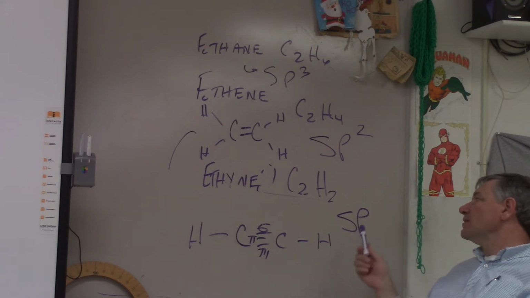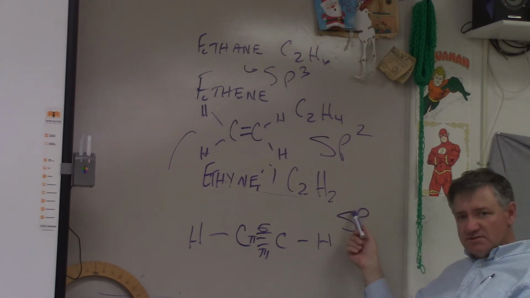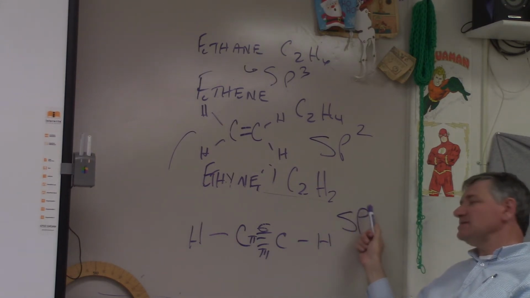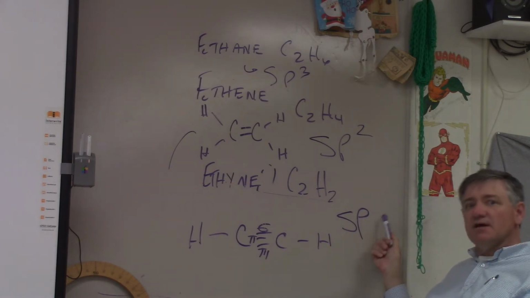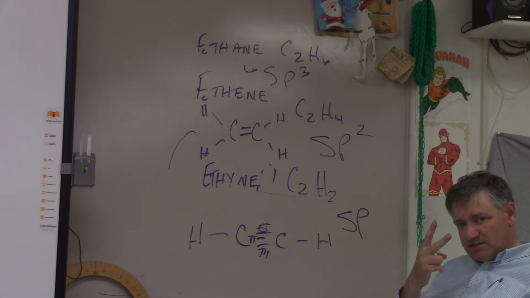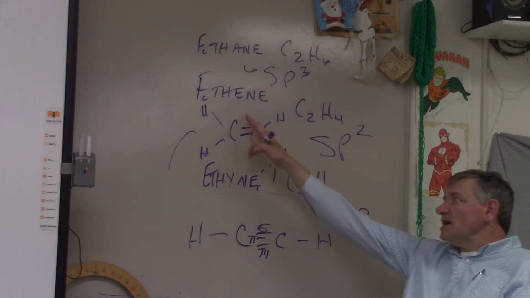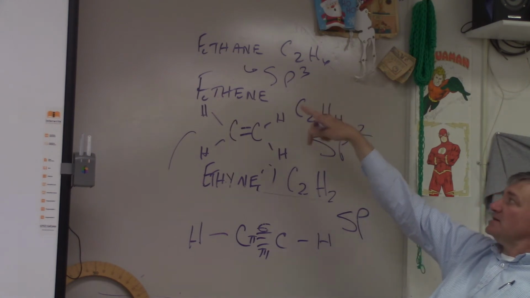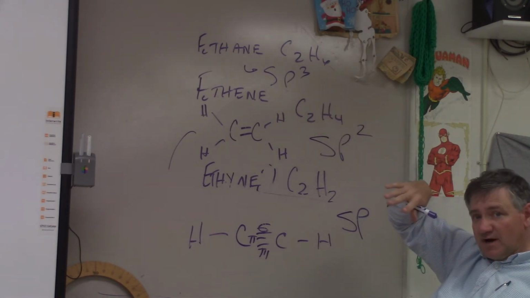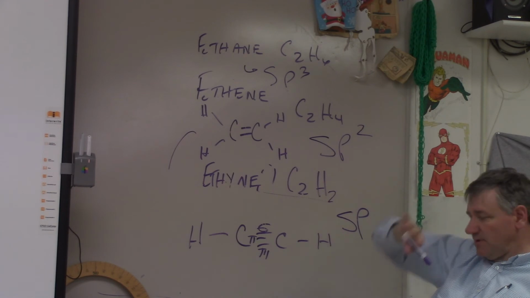No, no, no, no. There's always a 1 associated with this s, so you add these together, and that in effect becomes 2. So this is sp hybridization because I have 2 regions of high electron density. This has 3 regions, that's sp2. Ethane has 4 regions of high electron density, that's why that's sp3.